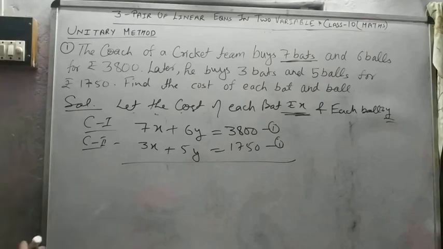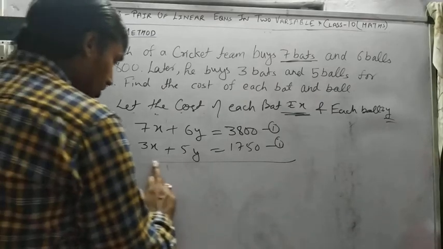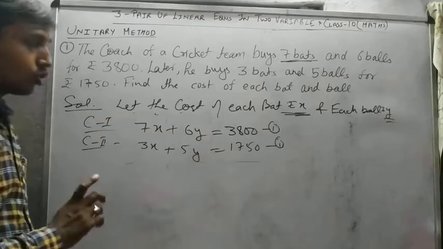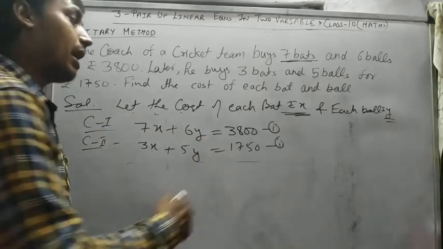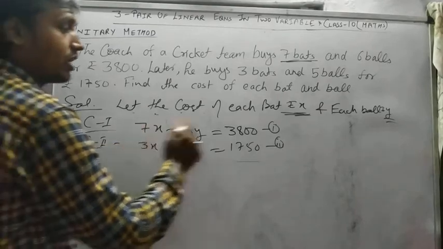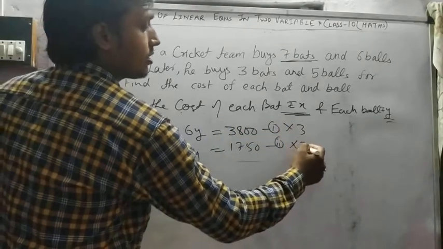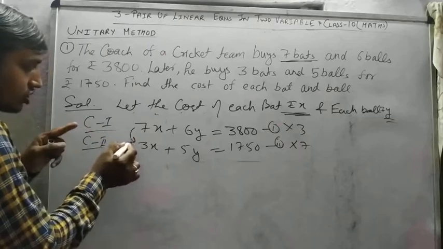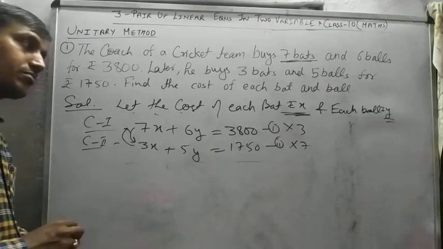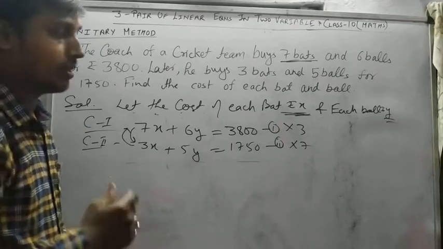Solve them. By solving, you see they have no equal coefficient of x or y. So we have to equalize them by multiplying by suitable numbers. First equation multiplied by 3, second by 7. Interchanging the coefficients is a simple method to solve equations by the elimination method.